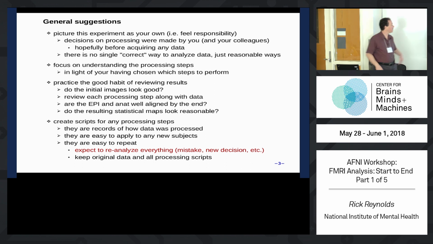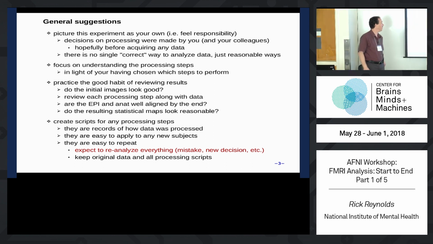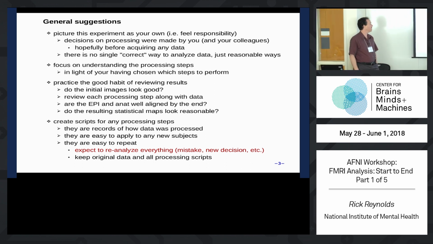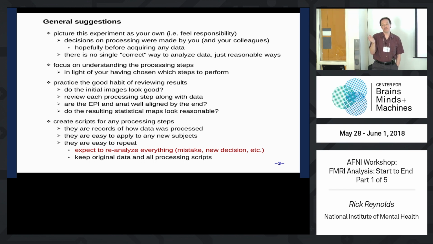So, babbling about the scripts again, the scripts are records of how the data was processed. They're easy to apply to new subjects and easy to repeat. You should expect to reanalyze everything, from even simple things like, our new data is acquired on the 7T. We have small voxels. The voxels are 1.7 millimeters on a side.